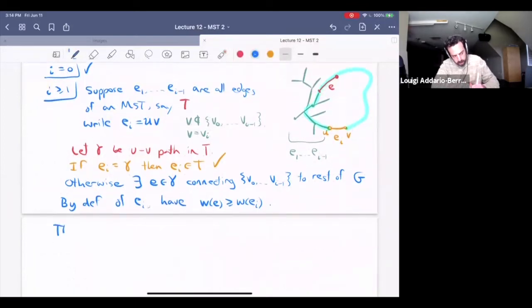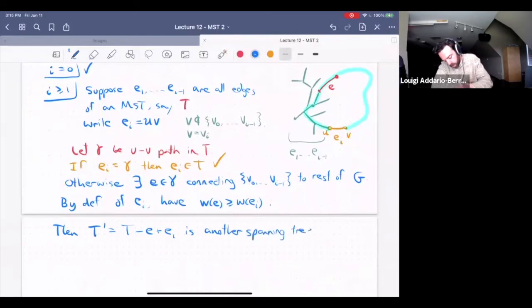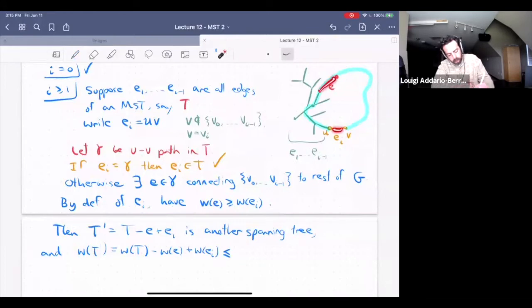Okay, so then the tree T', which is T minus E plus E_i, is another spanning tree. And its weight is the weight of T minus the weight of E plus the weight of E_i, which, because the weight of E_i is at most the weight of E, is at most the weight of the tree T. And so that means that T' is another minimum spanning tree.